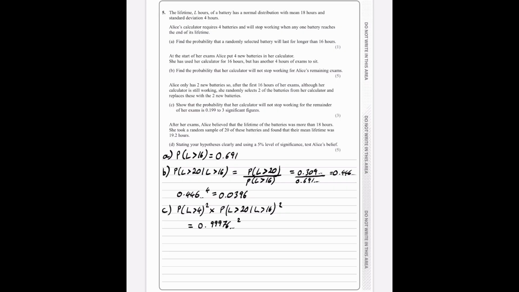Highly likely that it's going to last more than 4 hours. And then we already have the calculation for probability of L being greater than 20, given it's greater than 16, so 0.4461, and that's squared. Times them together, we get 0.199, so 19.9% chance, still not good odds.